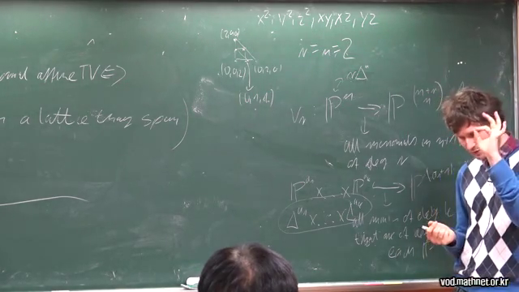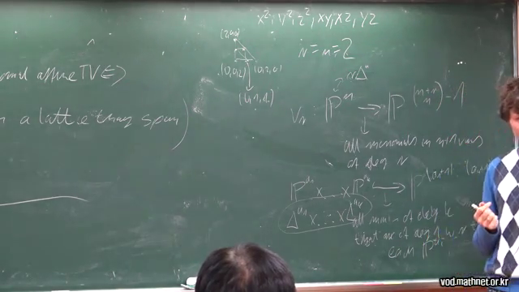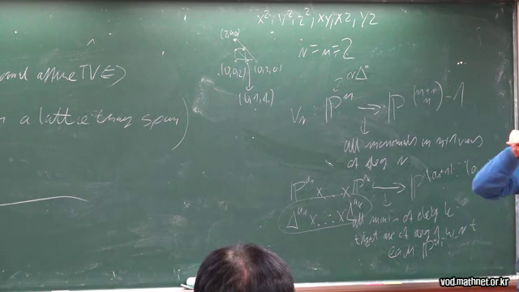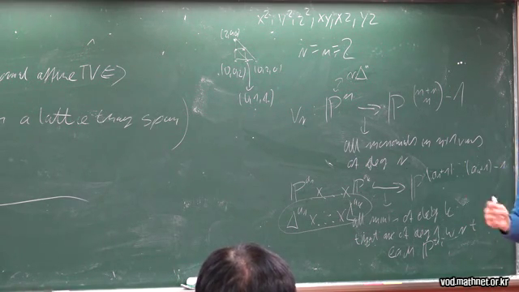You do the following. You have a vertex of a polytope. So you look at it, and what can you see? Well, you see some edges going from this vertex.